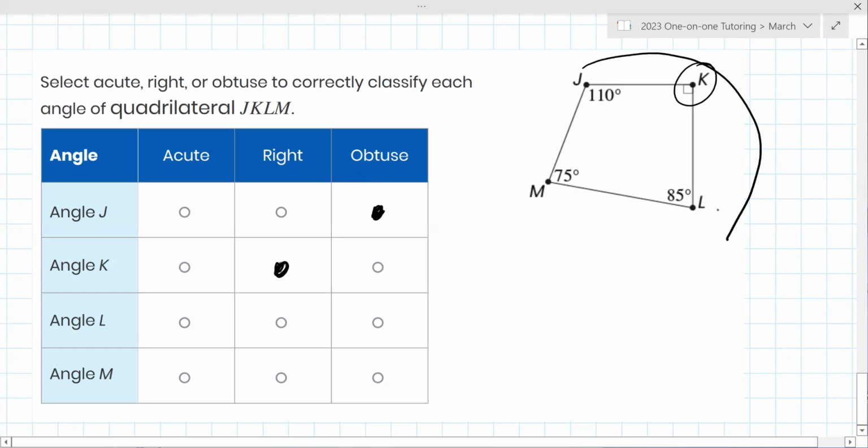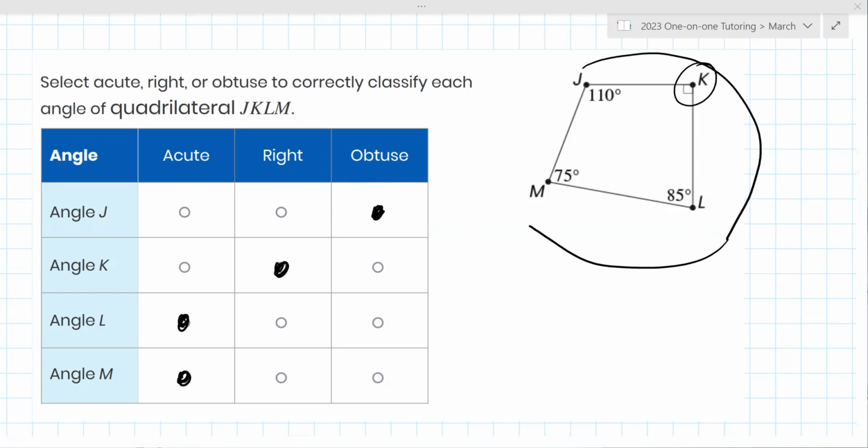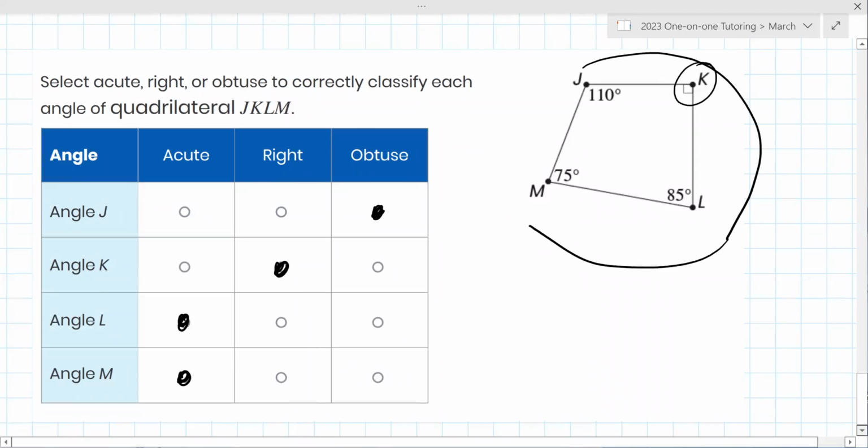What's angle L? Acute. And how about angle M? Acute too. You got it, good. So really not that difficult, would you agree? There's just 3 to remember: obtuse, acute, and right. Yeah.